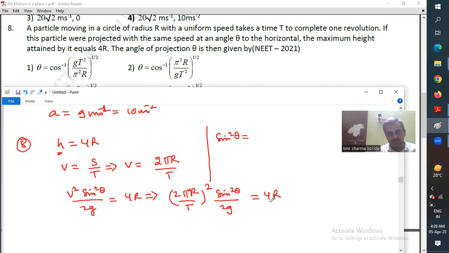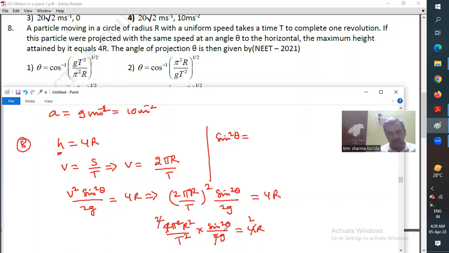Before that, write one more step here. This is going to be 4 pi square r square divided by t square into sin square theta divided by 2g is equal to 4r. So 2 gets cancelled 2 times, then this 2 gets cancelled 2 times.